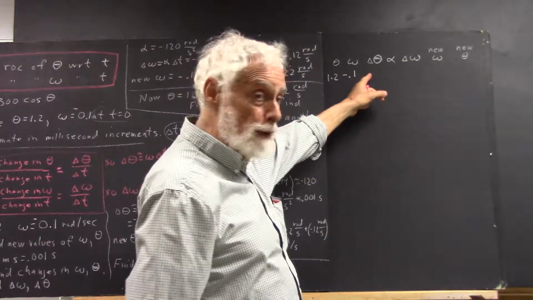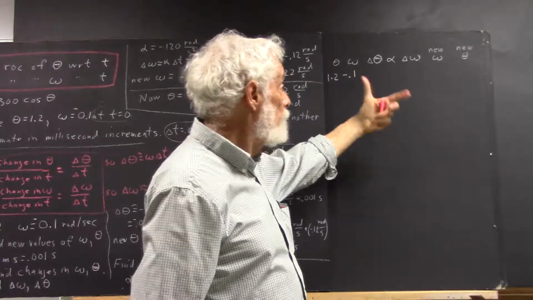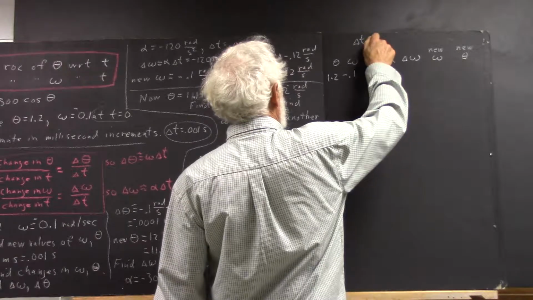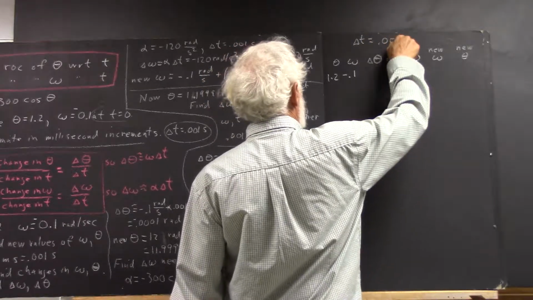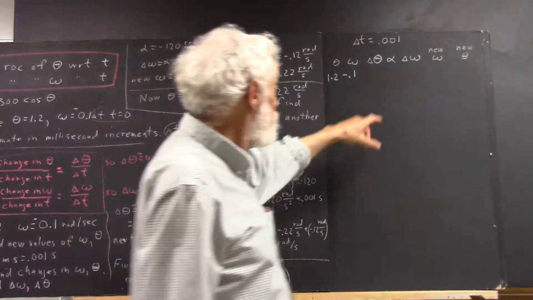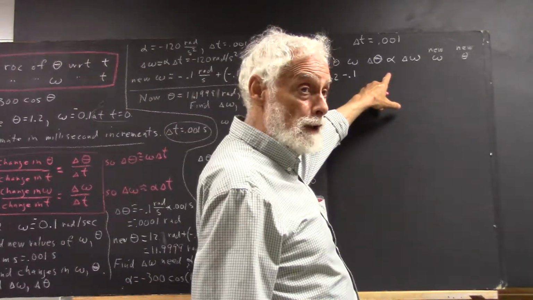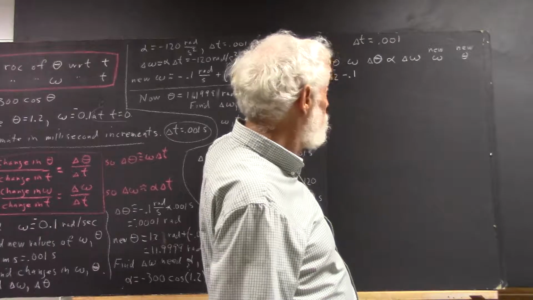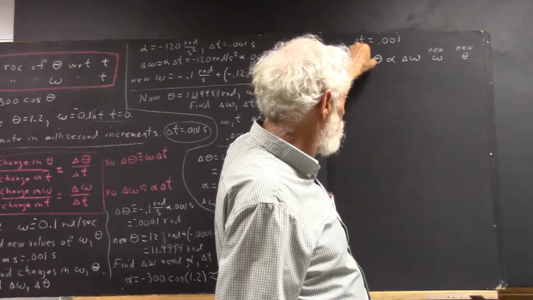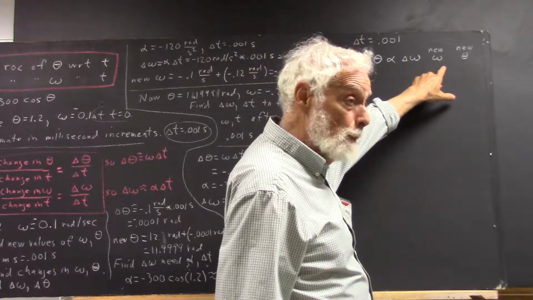Then we calculate delta theta based on these values and delta t, and it probably helps to have delta t up here. And then we calculate alpha, which just uses theta. Calculate delta omega, which is going to use alpha and delta t. Calculate the new omega.